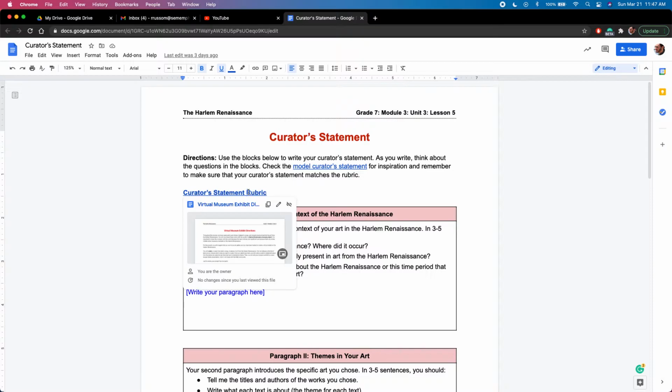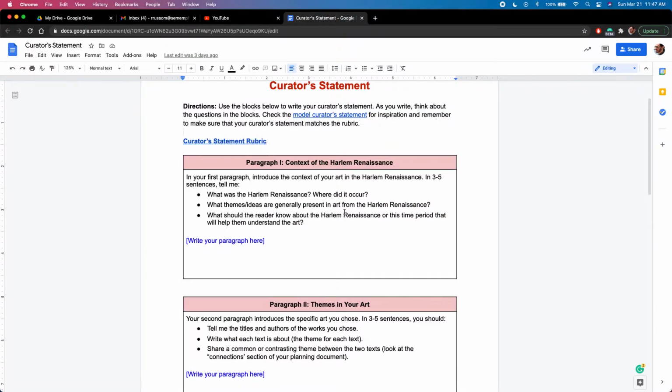Each time you write a paragraph, check into the rubric and make sure that your paragraph matches the 4 level of the rubric so that you know you're writing an effective paragraph and you'll get full credit for all of this. Also, the rubric helps you know what to do with each paragraph, so it's a good place to go if you're feeling unsure.